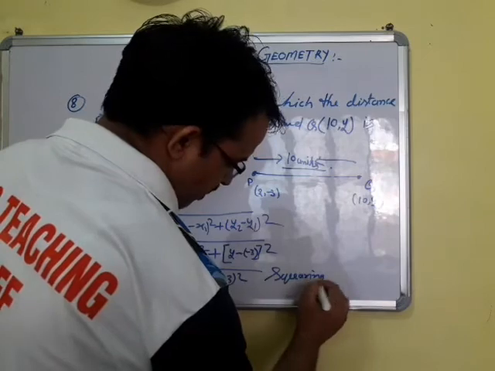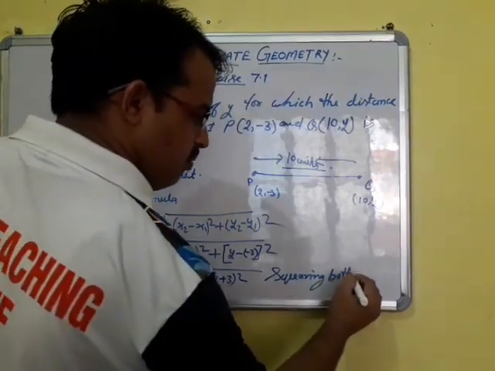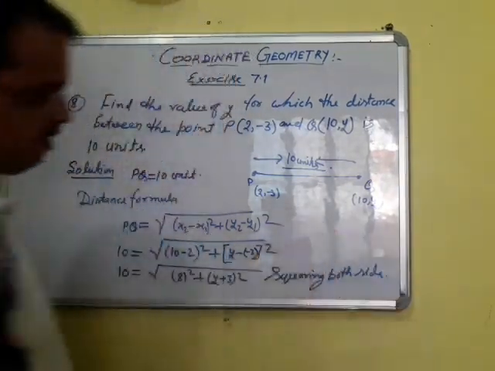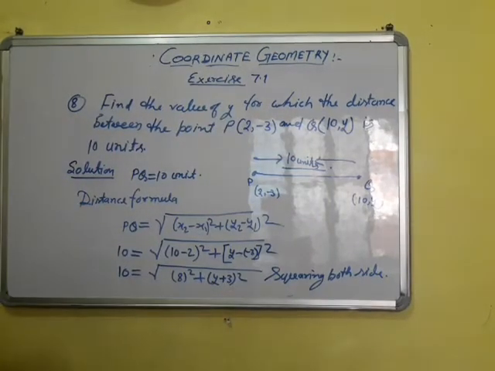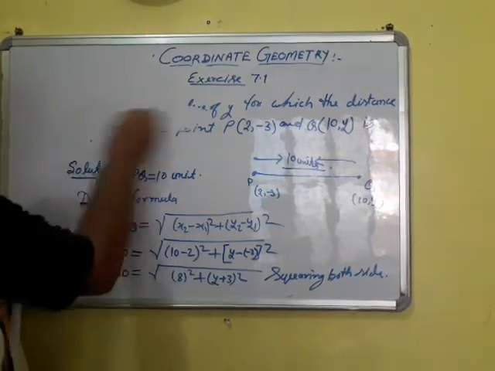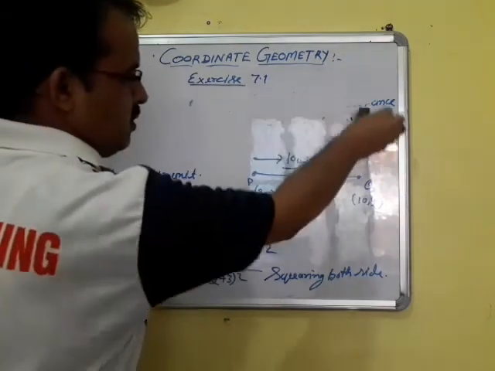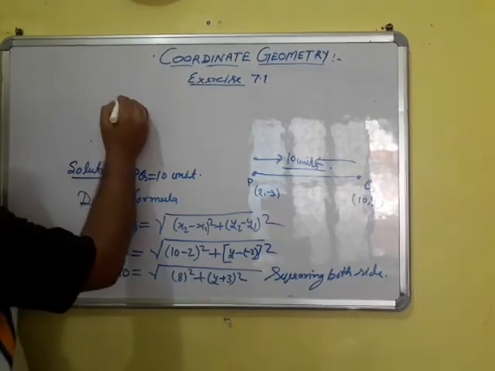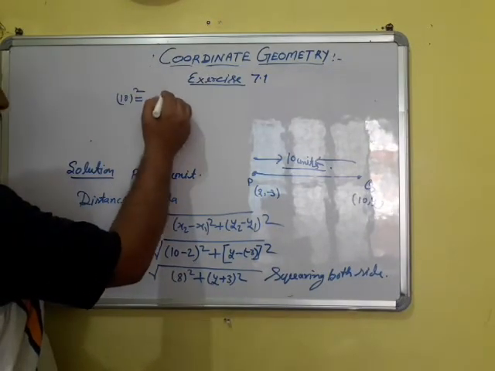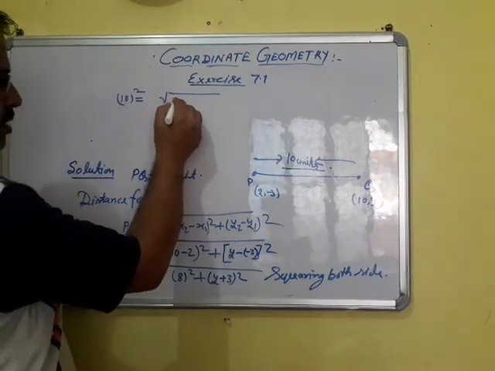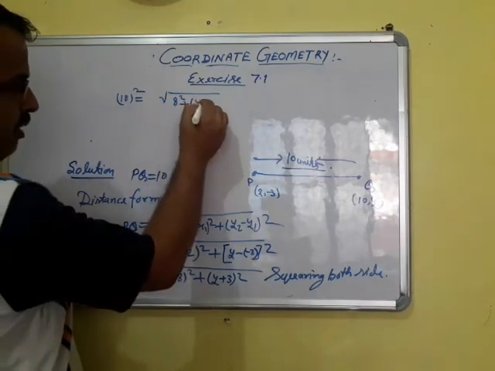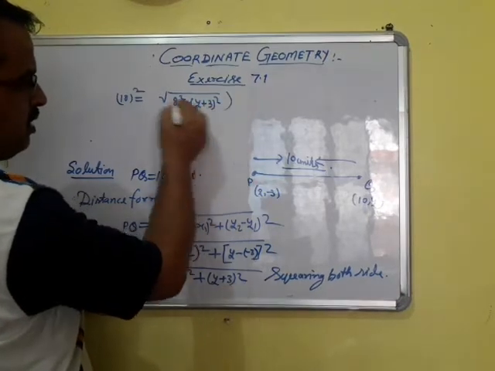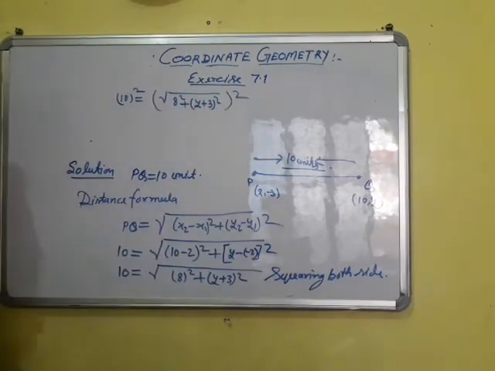Now look here: squaring both sides, 10 square is equal to the square root of 8 square plus (y plus 3) whole square, the whole squared.